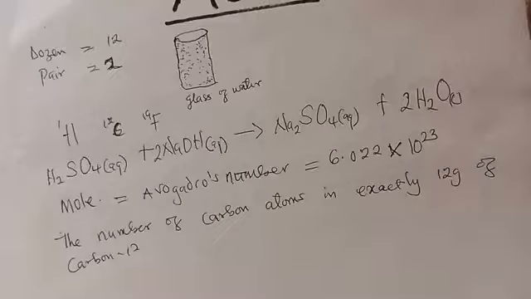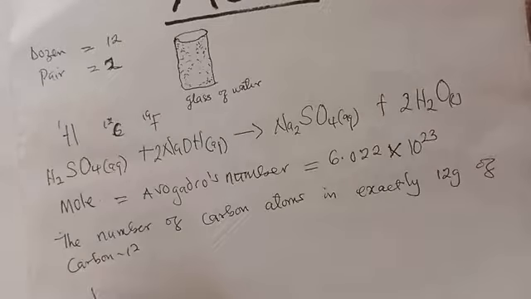So when you weigh 12 grams of carbon 12, the number of atoms you see there is 6.022 times 10 raised to power 23. If you take 2 moles of carbon 12, the atoms you see there will be 2 times 6.022 times 10 raised to power 23.